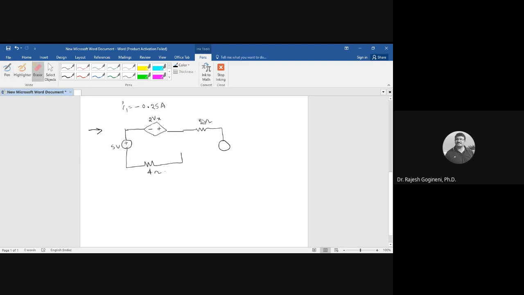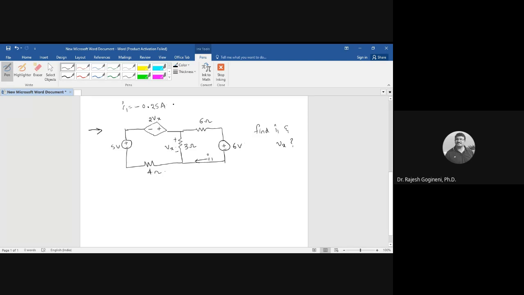I'll change the value. Find I1 and Vx. Find I1 value and Vx.